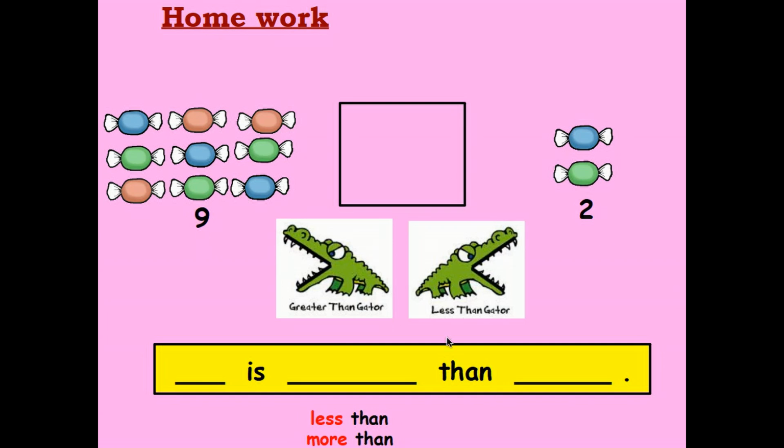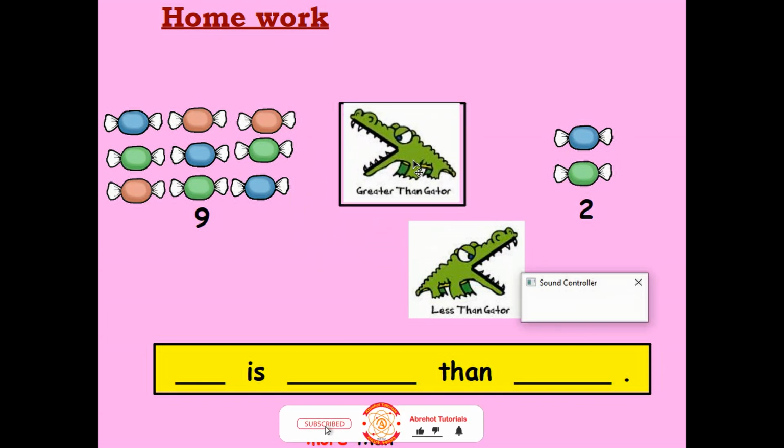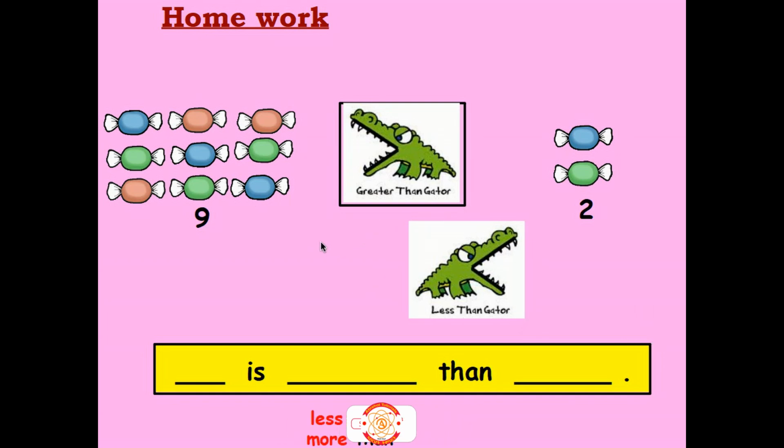Okay, what's the first one? The first one is 9. What sign should be put in this box, since 9 is greater than 2? So which one is it? Excellent. If you say greater, that is correct. So you put 9 here and 2 here, and then what word should be written here? Greater, or more, or bigger.